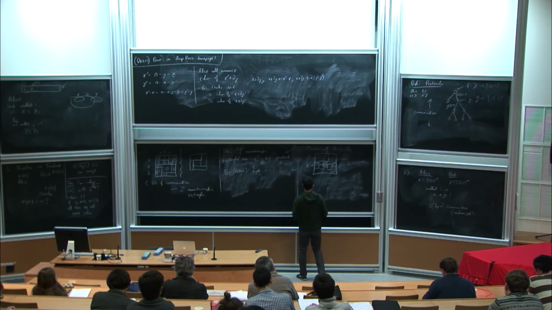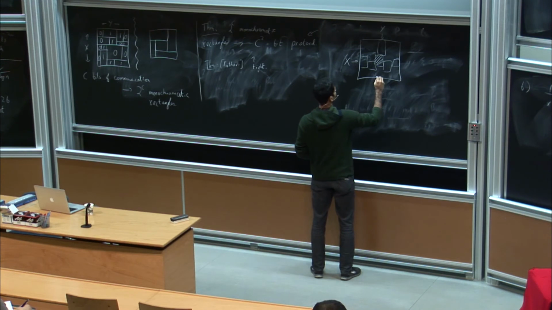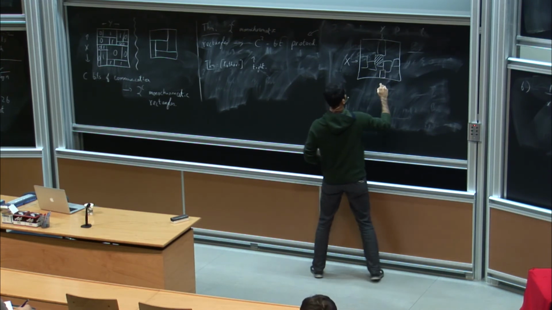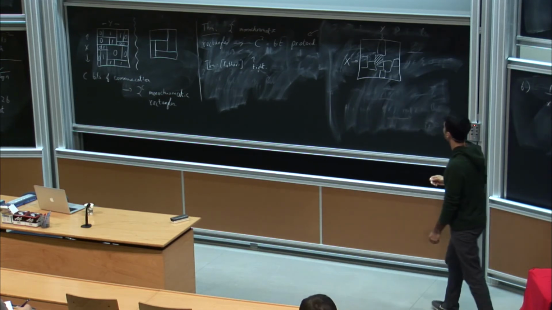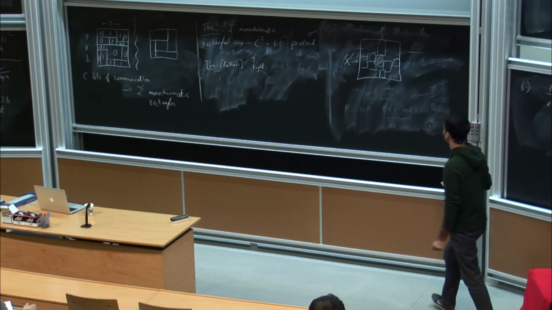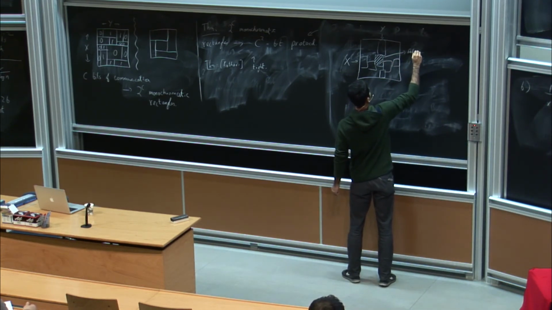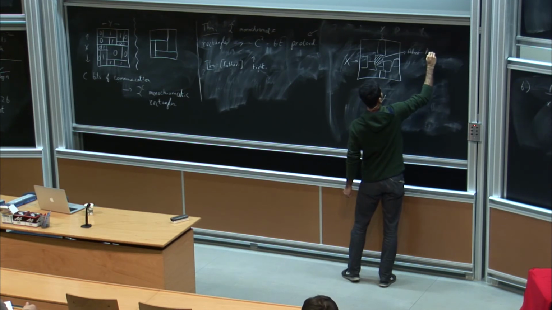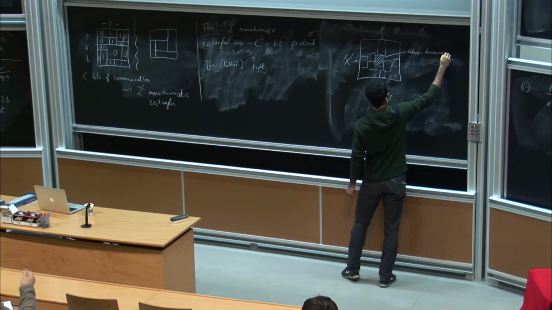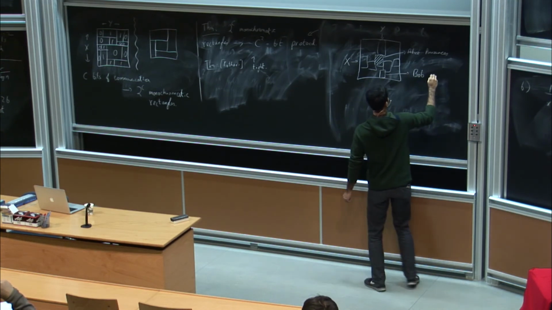If there's a rectangle that lies below this one, then Bob knows that's no longer relevant, right? So if Alice announces this, then Bob can discard this. Yeah, in a second.